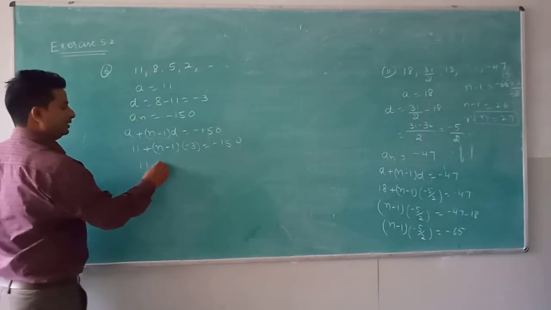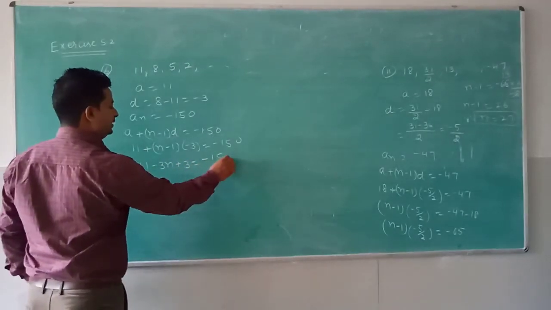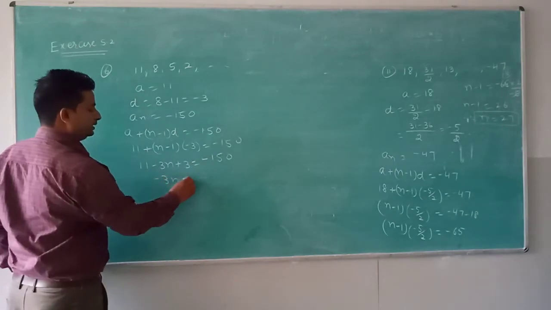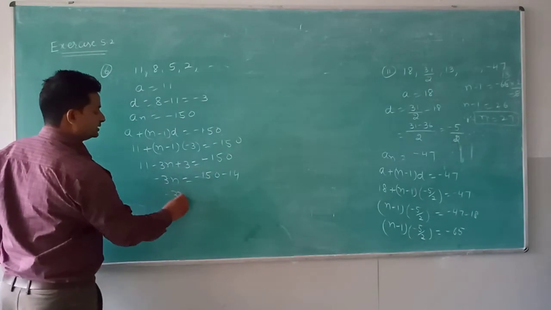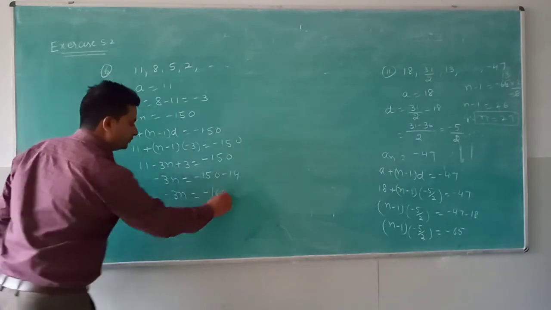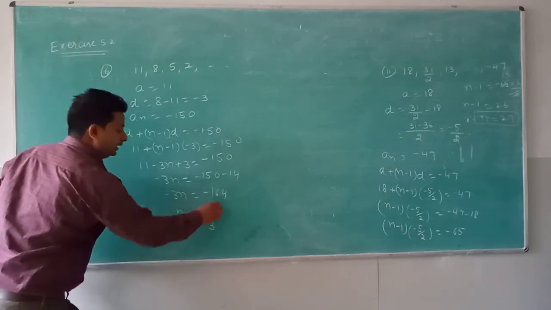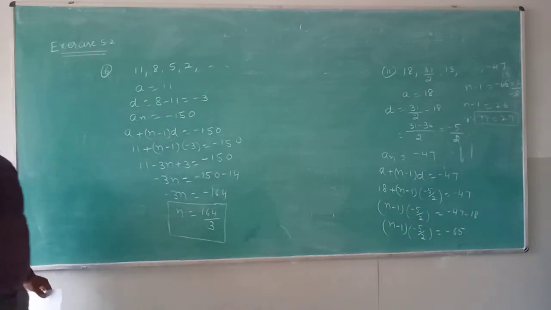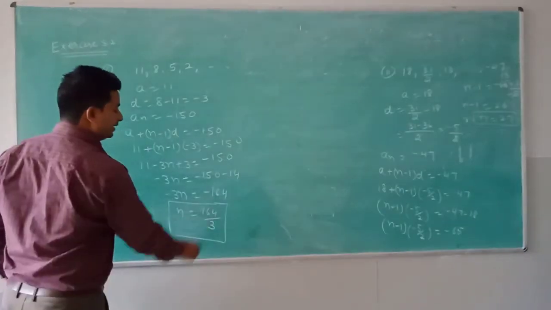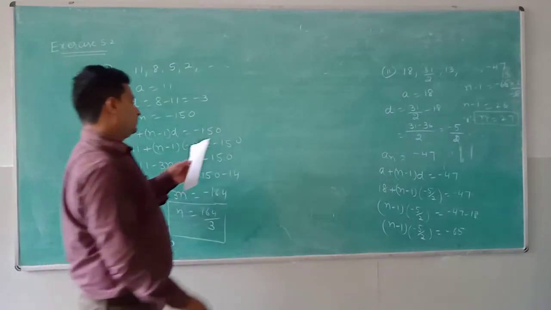So 11 minus 3n plus 3 equals minus 150, minus 3n is equal to minus 150 minus 14, so minus 3n is equal to minus 164, and n is 164 by 3. In this, n is a fraction, but the number of terms always has an integral value. So minus 150 is not a term of this AP.